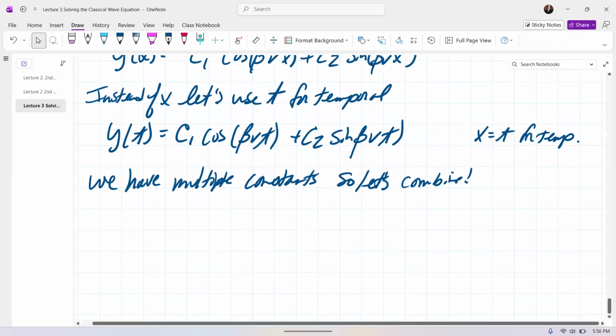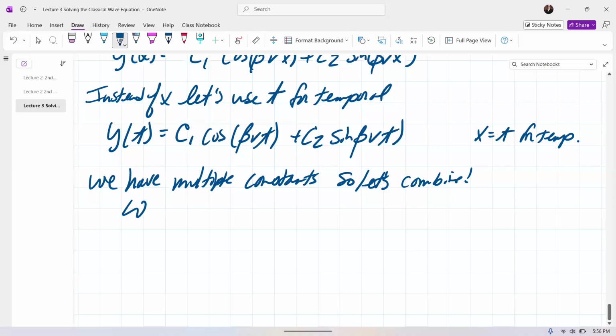Okay, so I'm going to define omega sub n. Again, triple equal signs means I'm defining it to be beta v. And remember that we had the beta definition from above.